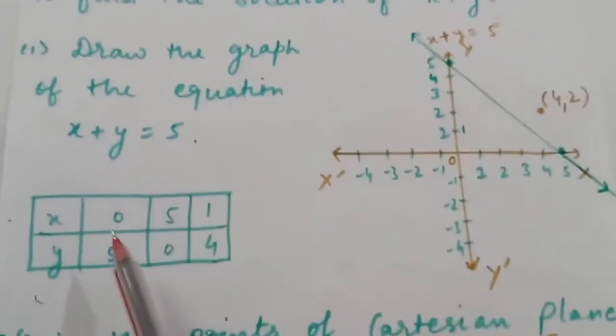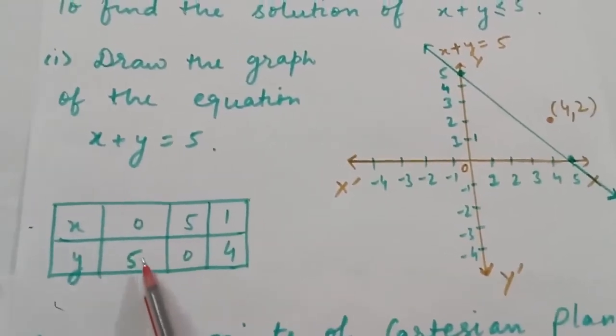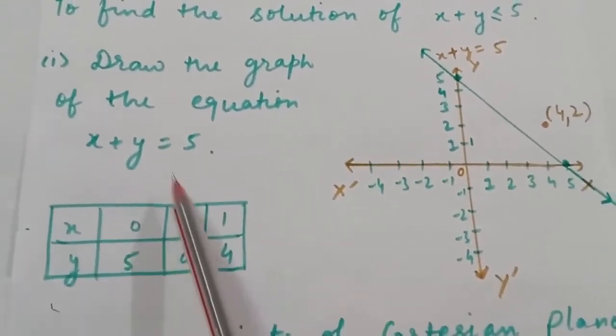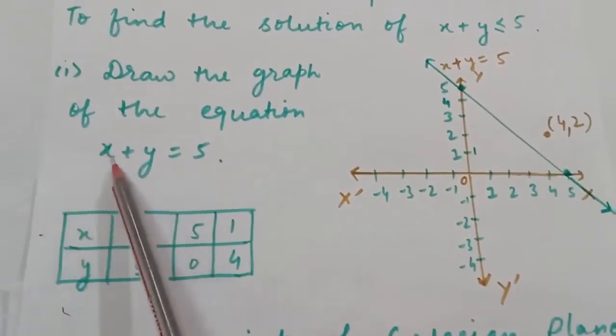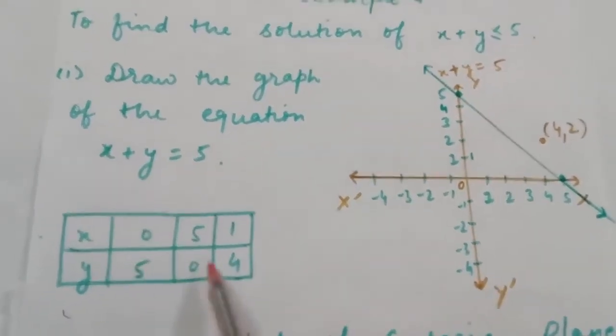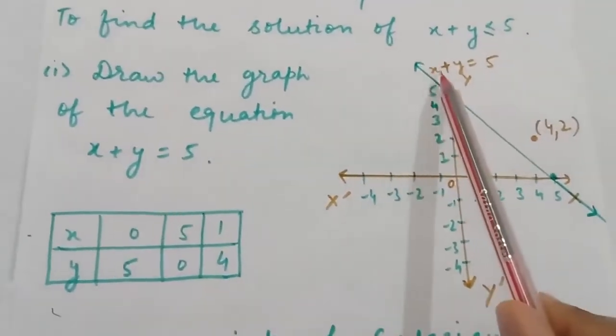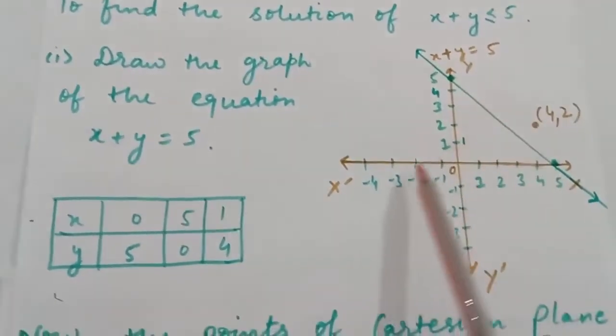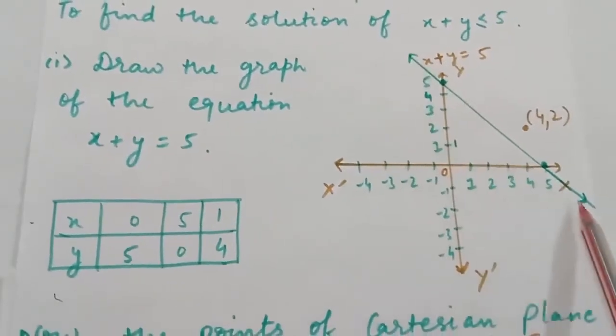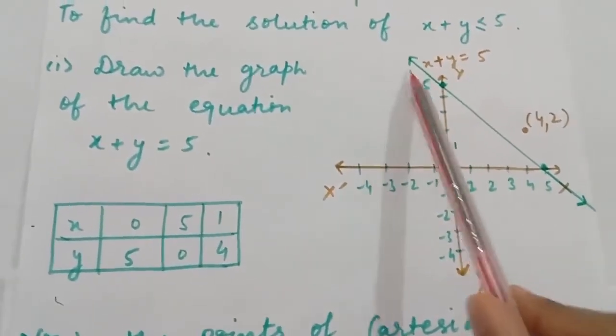For this, when y is 0, x will be 5, and when x is 0, you will get y as 5. These two points are enough to draw the line x plus y equal to 5.